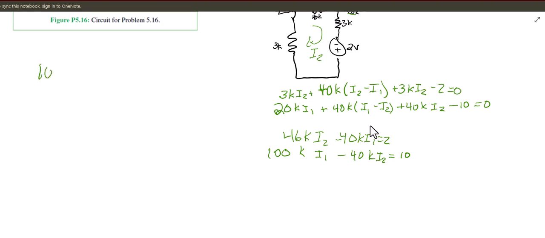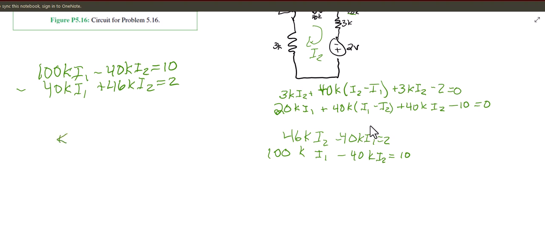So 100K I1 minus 40K I2 equals 10, and then minus 40K I1 plus 46K I2 equals 2. Then I could divide that top equation through by 10, and then I would get KI1 minus 4KI2 equals 1.